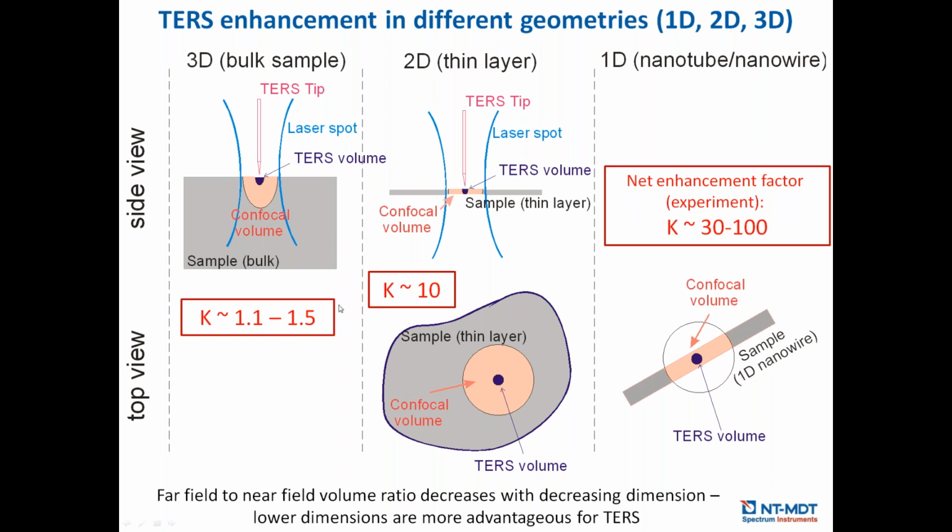And for volume samples, even to get 10% or 50% enhancement is quite a lot, because the sample interacts with the full confocal focused laser spot, and the ratio to this tiny TERS volume is quite big. So 3D samples which produce signal from the bulk material are quite complicated to investigate by TERS.